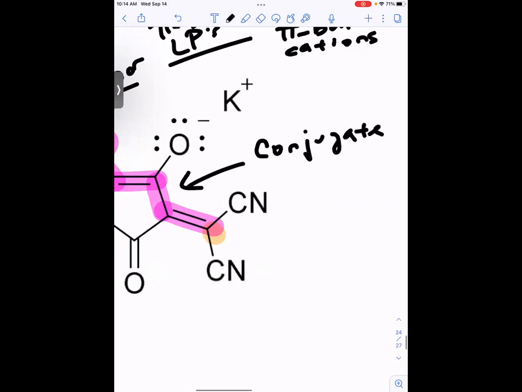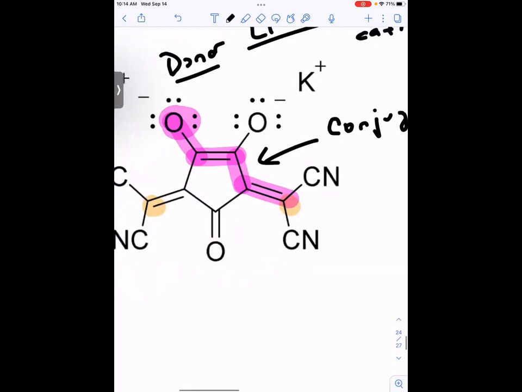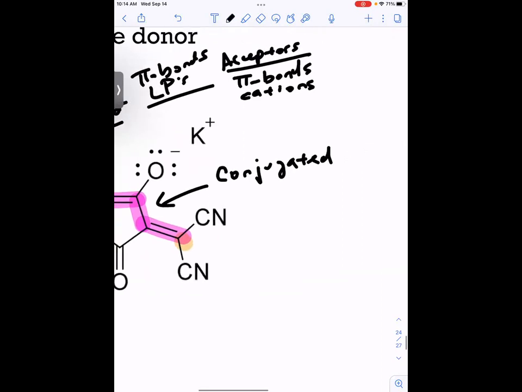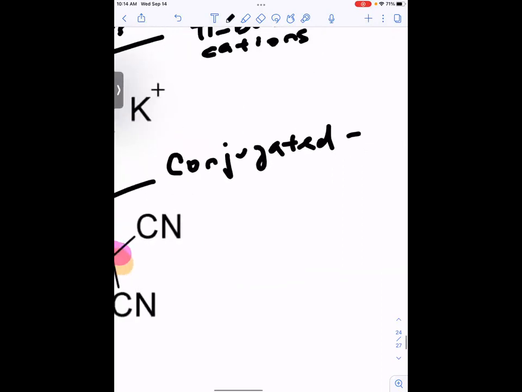And for now, the definition of conjugated is just going to be alternating single and double bonds. That's for now. When you get to part 2, that definition is going to become more nuanced.